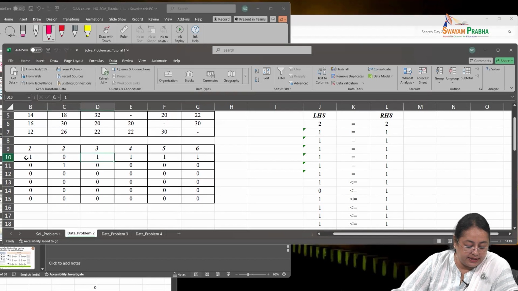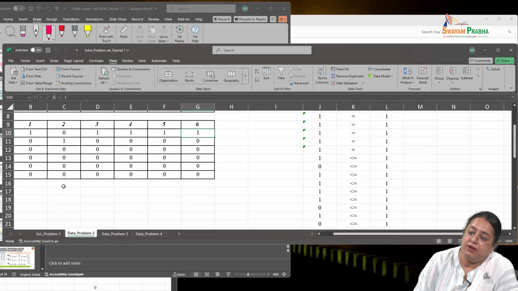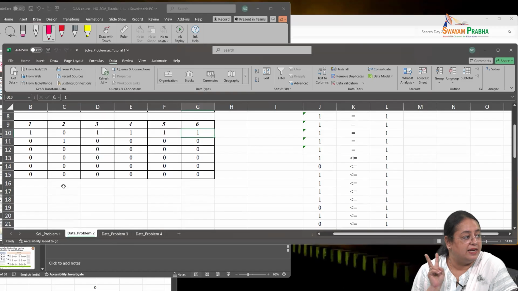They are all connected to facility 1 because it is x13, x14, x15, x16. This is your optimal solution. This problem will give you two facilities.